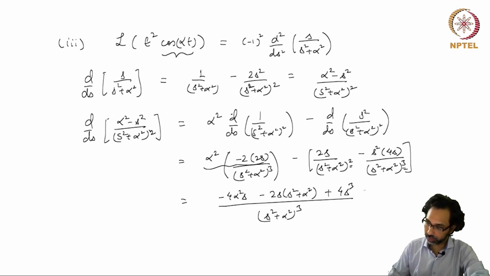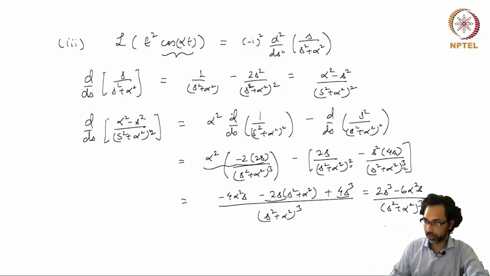Therefore in the end we get, so there is a cubic term with a 4 coefficient and a cubic term with a minus 2 coefficient, so we get 2s cube and minus 4 alpha square s and minus 2 alpha square s. From the second term we get minus 6 alpha square s over s square plus alpha square whole cube.